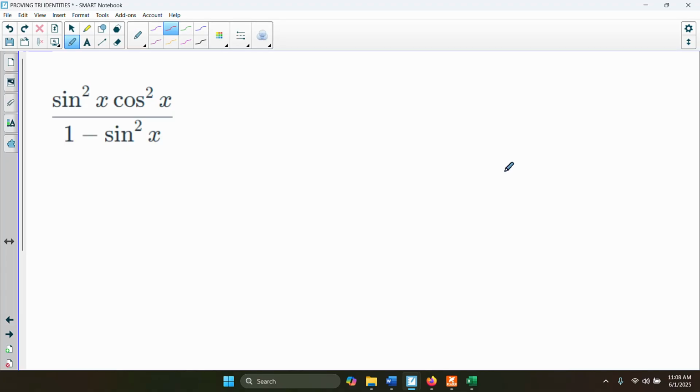I think it's very simple. This is not even an identity because they're not telling you what it's equal to. But I'm just going to say, well, let's make it into an identity. Let's see if the other side is either 1 or let's say sine squared.